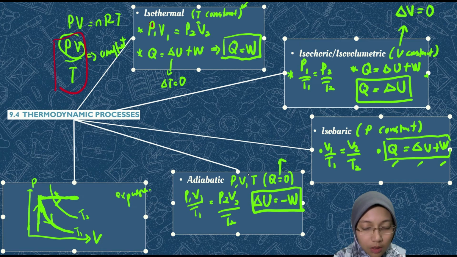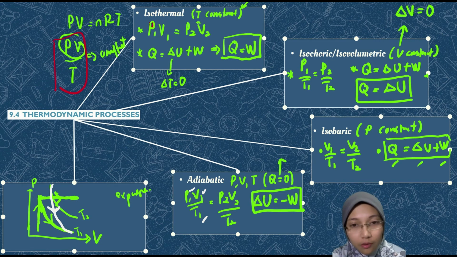Then another case is adiabatic. We change all the values. P changes, V changes, T changes. So the graph will be going from one curve to another curve, meaning that the temperature is changing. So this is the graph of adiabatic. The graph of adiabatic will be steeper compared to the graph of isothermal.